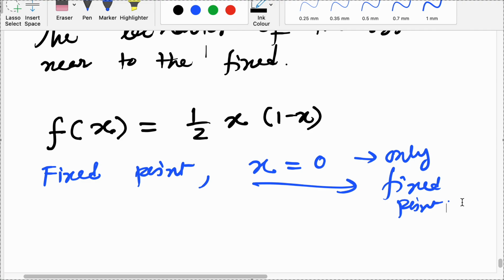Now let me use the computer to show you that near this fixed point we can approximate that map by its tangent.